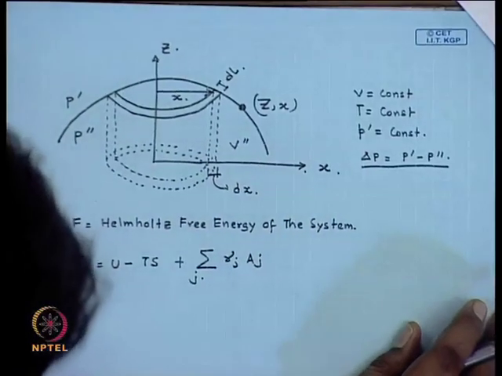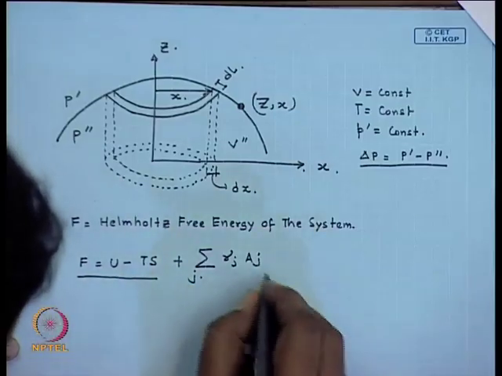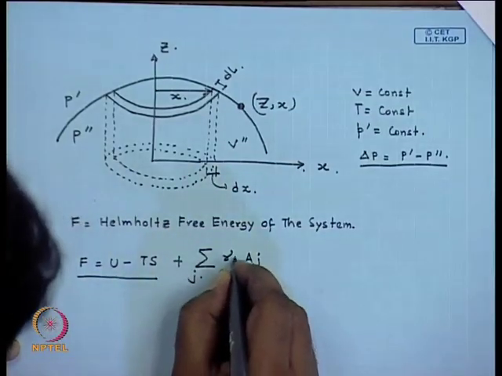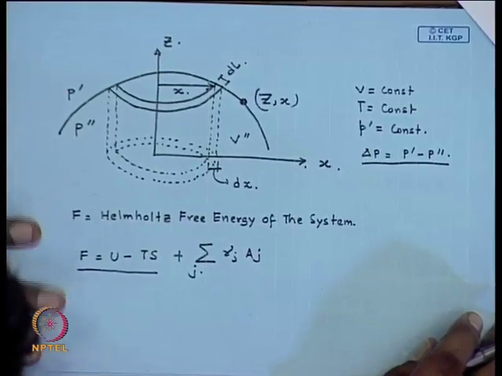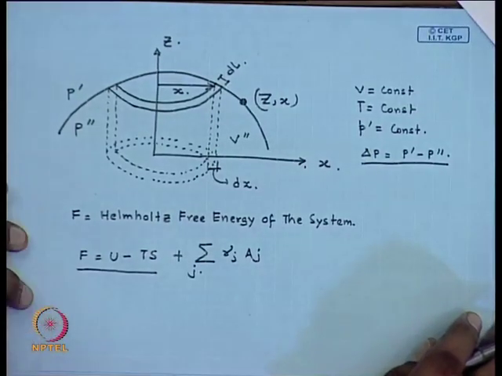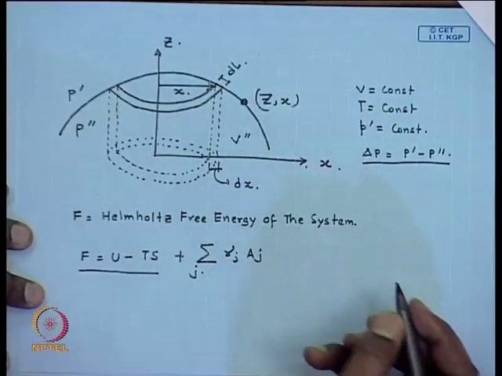Now typically in a thermodynamics textbook the expression you come across is F equal to U minus TS. So, you might want to argue what is this additional term I am adding. This is nothing out of place, this is actually the surface energy term we are adding.